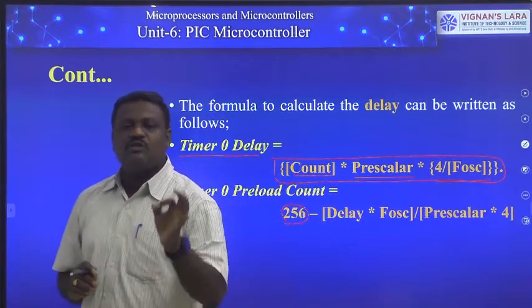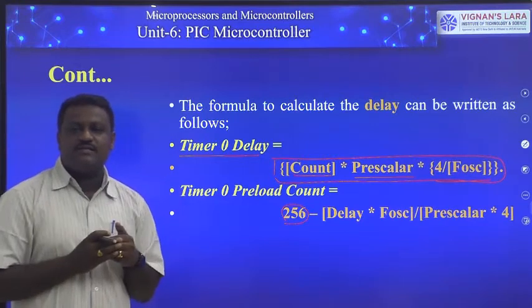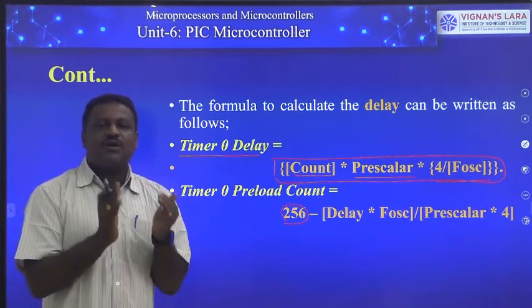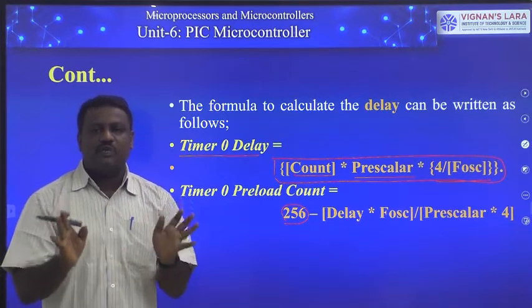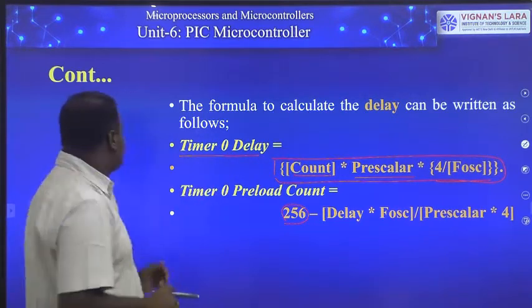By using these two relations, I can calculate the time delay as well as the preloaded value I have to store in my counter before applying the clock pulses to produce the required delay. These two are important relations for us.